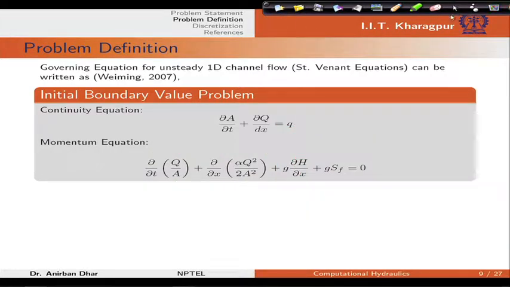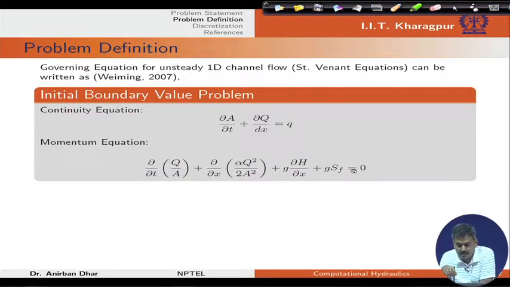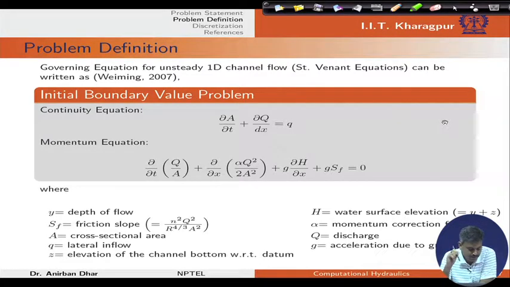In this case, SF is our energy slope or friction slope.